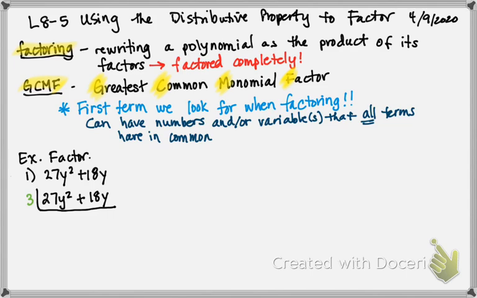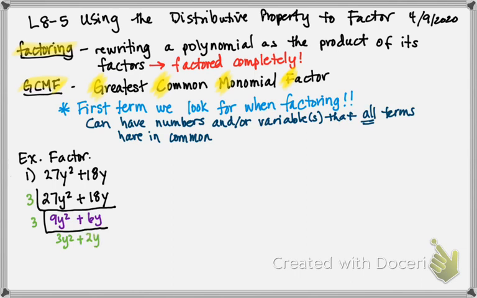So when I divide out 3, 3 goes into 27 9 times, you get 9y squared, plus 3 goes into 18 6 times, and you get 6y. But I notice there's another stinky 3 hiding out in 9 and 6. I'm going to take out another 3. So 9y squared divided by 3 is 3y squared, plus 6y divided by 3 is 2y.